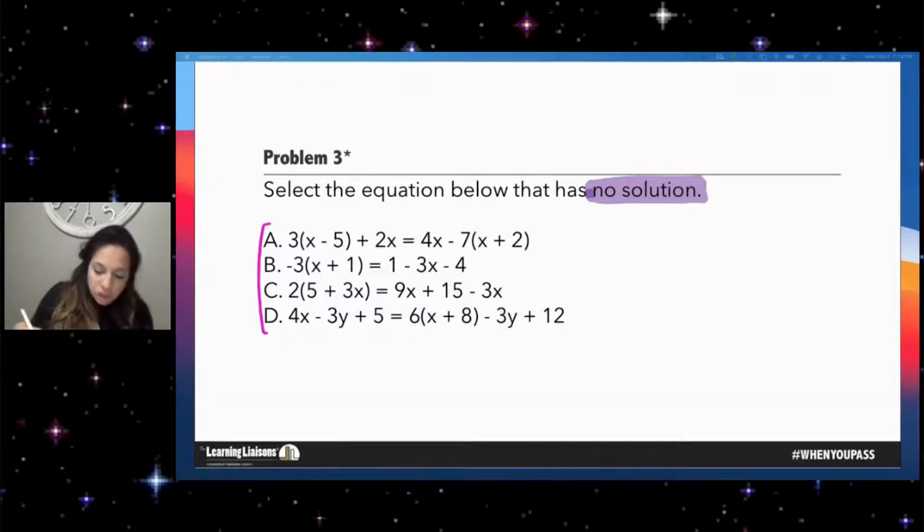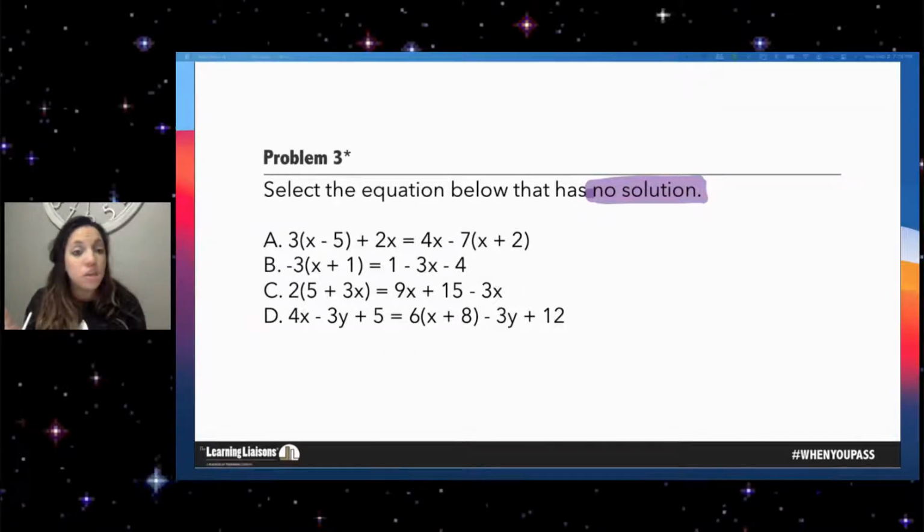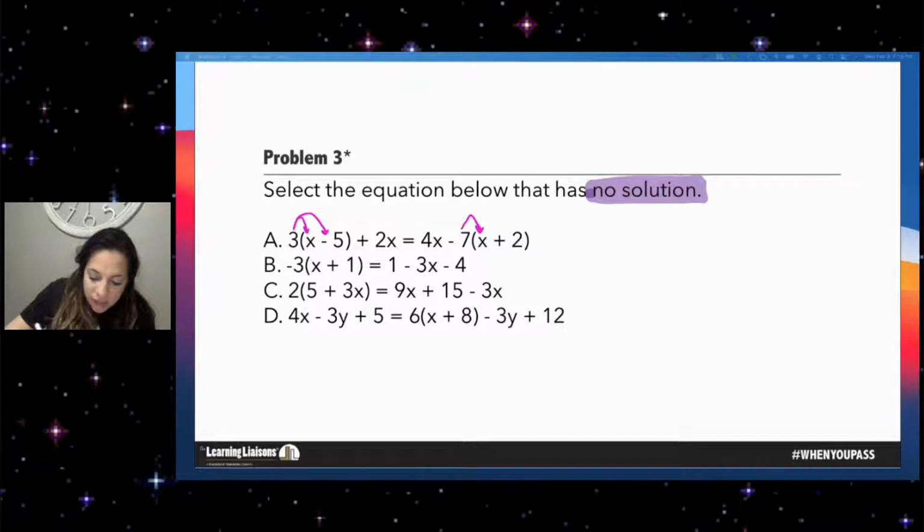So let's get started. Letter A, and I'm going to do each one in a different color so that we don't get our work confused. I'm going to use the distributive property. If you're not familiar with the distributive property, you should definitely become familiar with it. I can distribute this 3 all the way through, and I can distribute this -7.